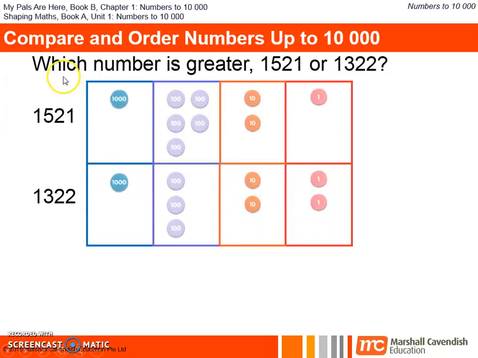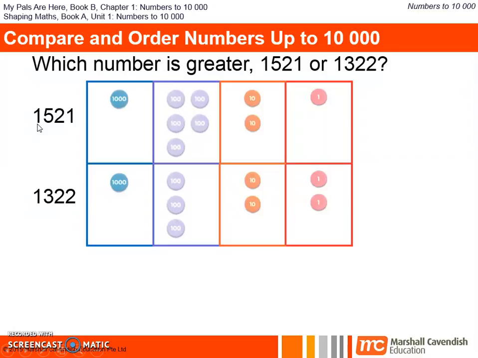Here's another example. Which number is greater, 1521 or 1322? Again, you go with the place value that has the greatest value. So we look at the thousands place here because there's no 10,000. You start off with the thousands place.